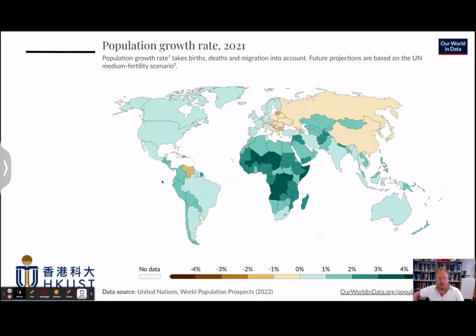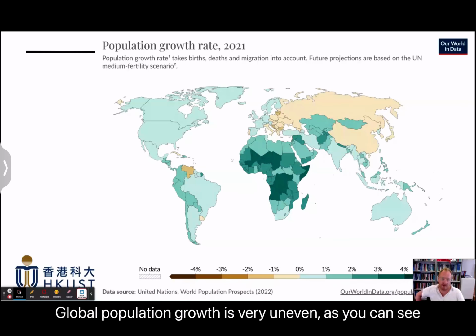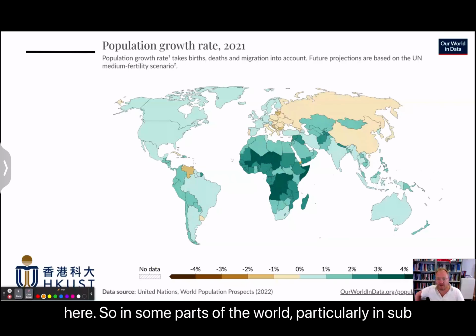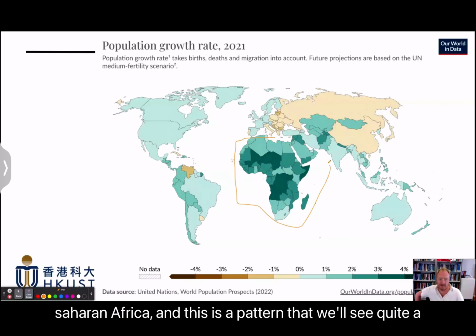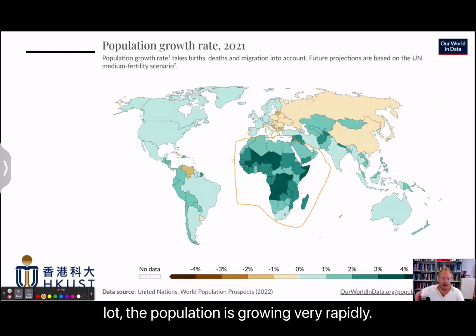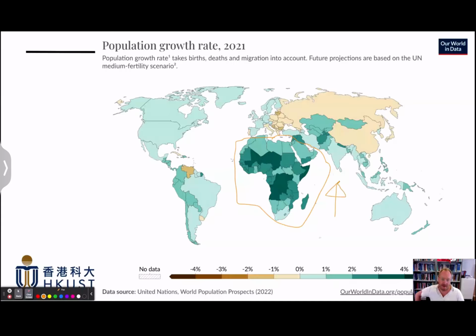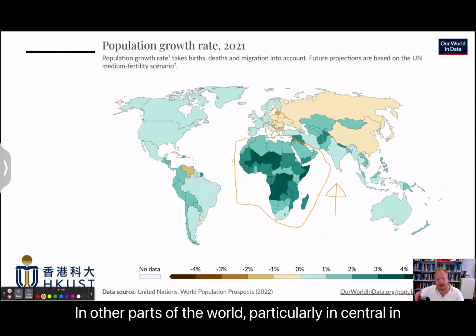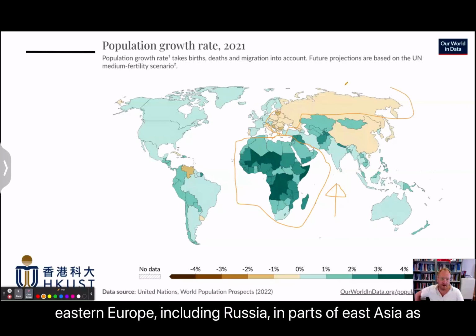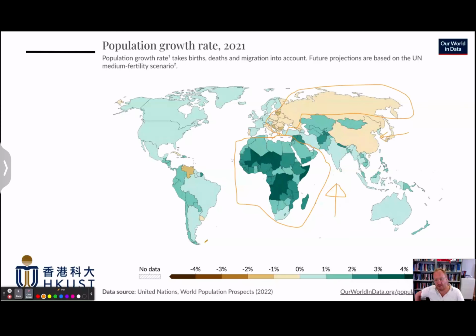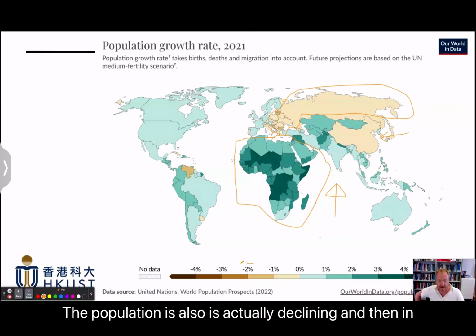However, global population growth is very uneven, as you can see here. In some parts of the world, particularly in sub-Saharan Africa, and this is a pattern that we'll see quite a lot, the population is growing very rapidly. In other parts of the world, particularly in Central and Eastern Europe, including Russia, and in parts of East Asia as well, the population is actually declining.